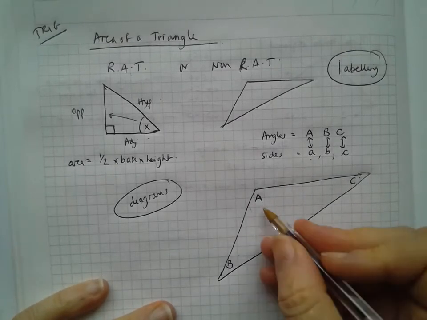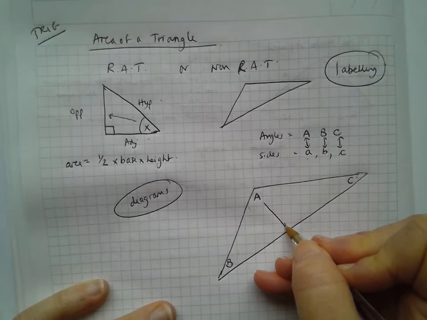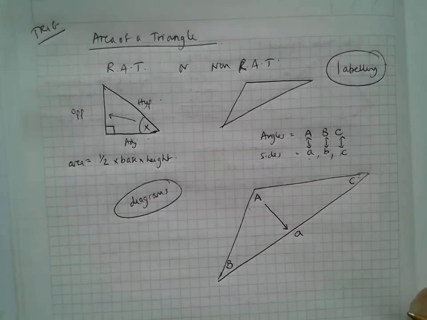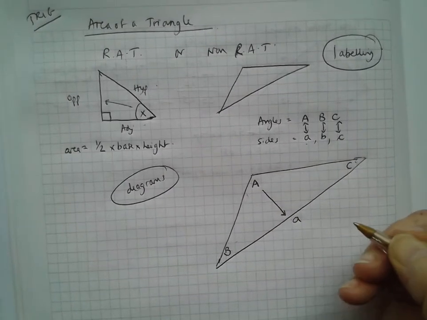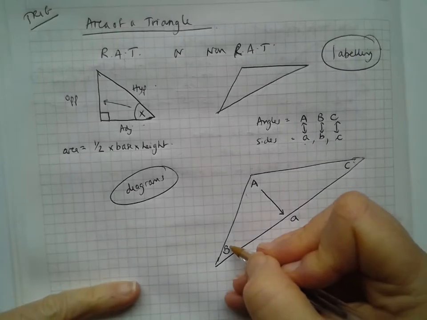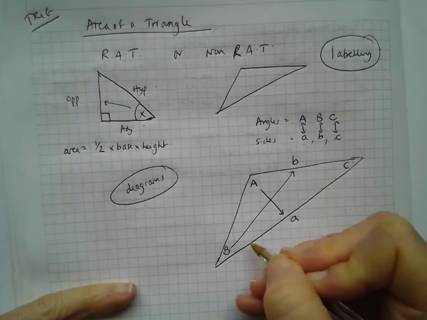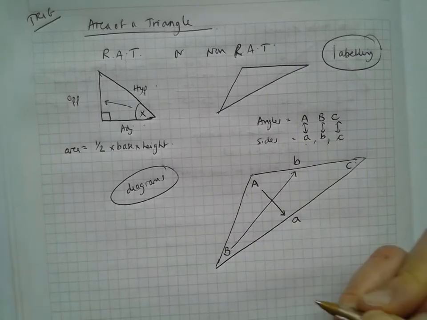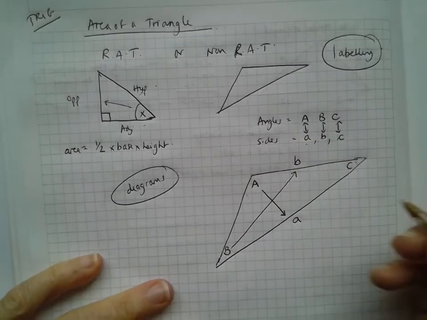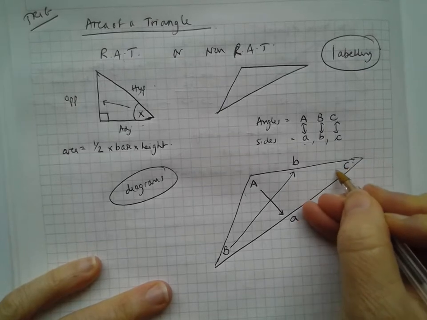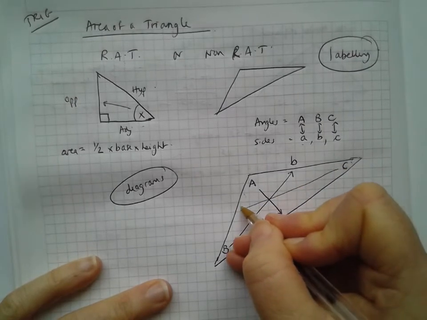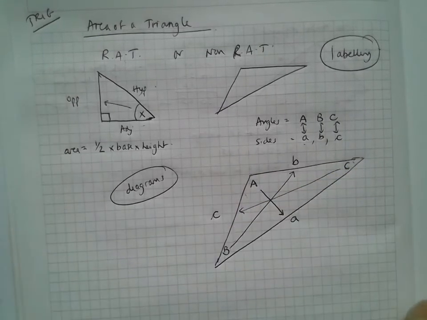and it's the one that's directly across the triangle from angle A. The side that goes with angle B is directly across the triangle from angle B, and it's called side b. And the angle C, the side that goes with it obviously, is the one across the triangle, and it's called side c.